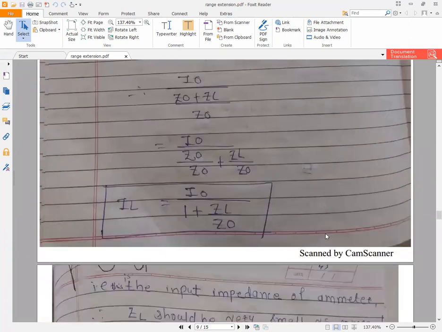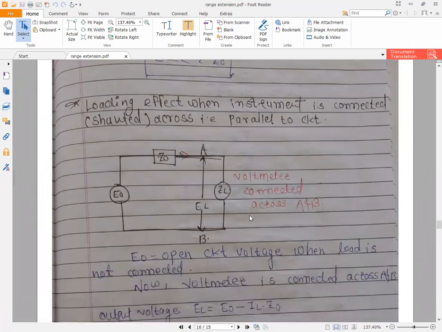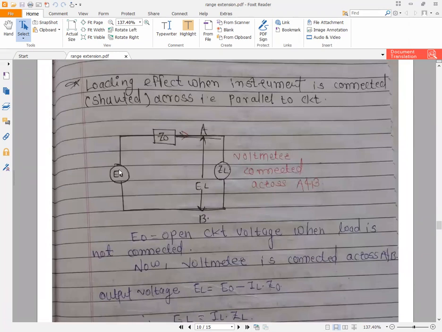Next, we have to see the part where it is connected across the circuit, or in parallel to the circuit. How will it be checked? Again, same, this is our source. E0 is the open circuit voltage when the load is not connected.